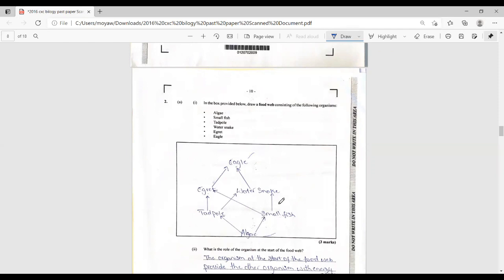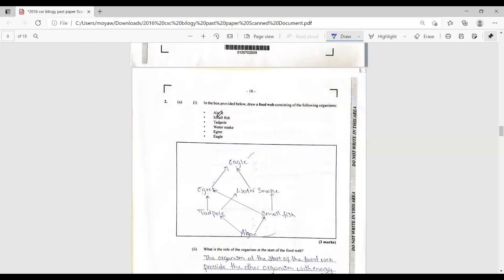So now we've identified the organism at the top and the organism at the bottom, and all we have to do now is fill in the spaces. The next thing we need to do is find an organism that is small enough to be eaten by something, but still large enough to eat the algae. In our list, we have the small fish, the tadpole, the water snake, and the egret.